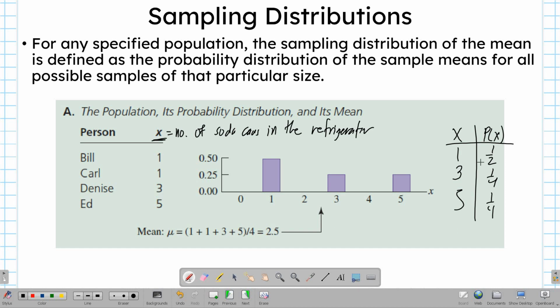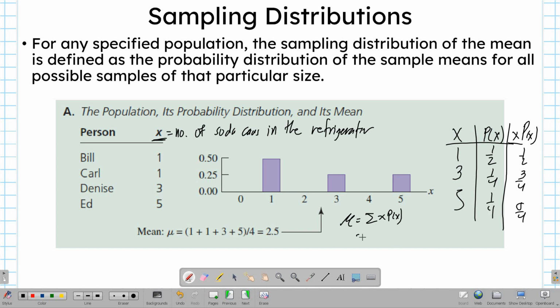For us to get the mean of the probability distribution, we form a third column, because the formula for the mean of a probability distribution is the summation of x times the probability of x. So we get x times P(x) here: 1/2, 3/4, and 5/4.